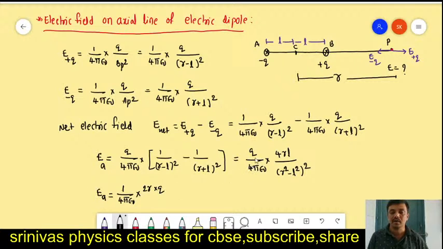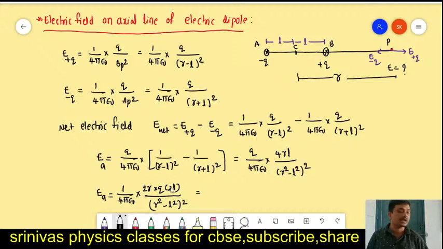Here 4L I write as 2 into 2L. 2L we write, by (R square minus L square) whole square. What I am doing here: Q into 4RL is there. Here Q is there. 2R into 2, 2 into 2 again 4. 4RL we are writing, just rearranging the numerator. Then why are we rearranging that?